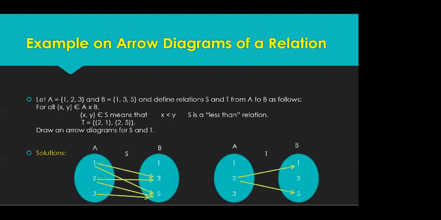So an example for an arrow diagram is this one. Let set A be the set with elements 1, 2, 3, set B with elements 1, 3, 5, and define relations S and T from A to B as follows. For all ordered pairs to be an element of the Cartesian product of A and B, we should satisfy this condition.